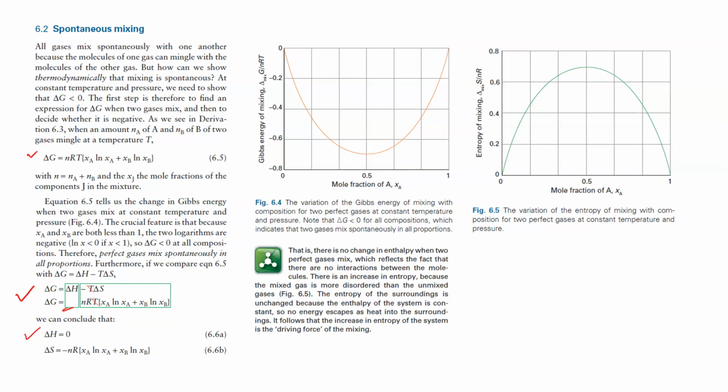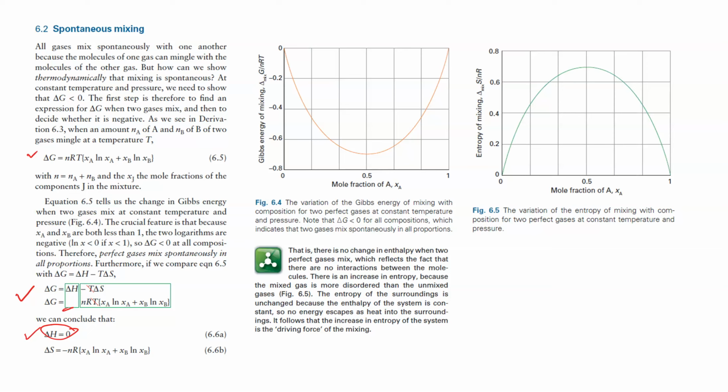Note that delta G is less than 0 for all compositions, which indicates that two gases mix spontaneously in all proportions. So there's no change in enthalpy when two perfect gases mix, because delta H equals 0, which reflects the fact that there are no interactions between the molecules because they're perfect.